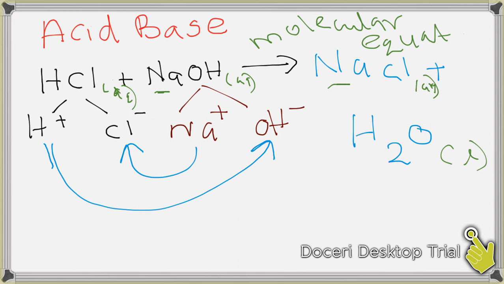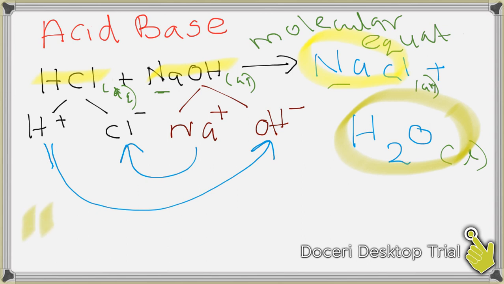You separate HCl into its ions, sodium hydroxide into its ions, and sodium chloride into ions because these are aqueous, but you don't separate water into ionic state because water is a liquid.